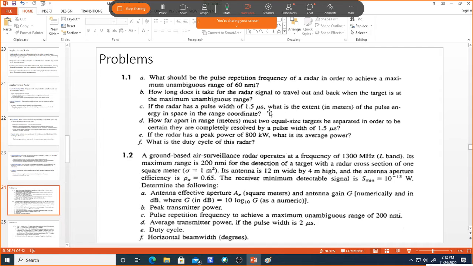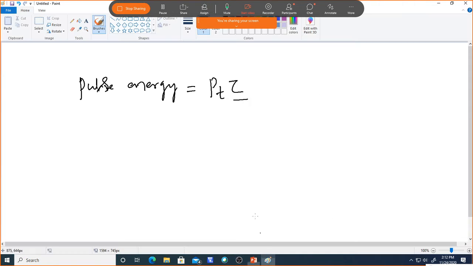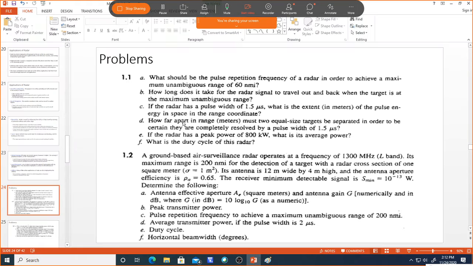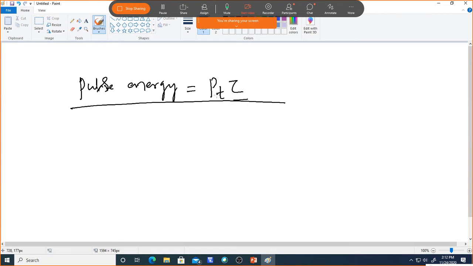Here no transmitted power is given, so just write the equation: the pulse energy is the transmitted power times the pulse width. In the next question, the radar has a peak power of 800 kilowatts. If we take this as the transmitted power, you can substitute 800 kilowatts and pulse width of 1.5 microseconds, and then we can get the pulse energy.